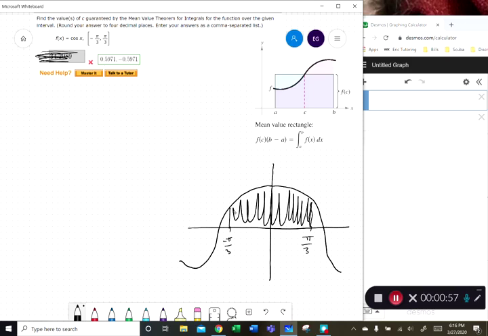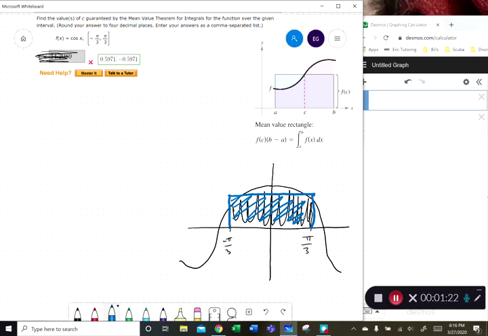Now what the mean value theorem is saying is that for whatever this area actually is, we could construct a rectangle with an equal area. So there should be a rectangle that has the same area as what we would obtain with a definite integral.